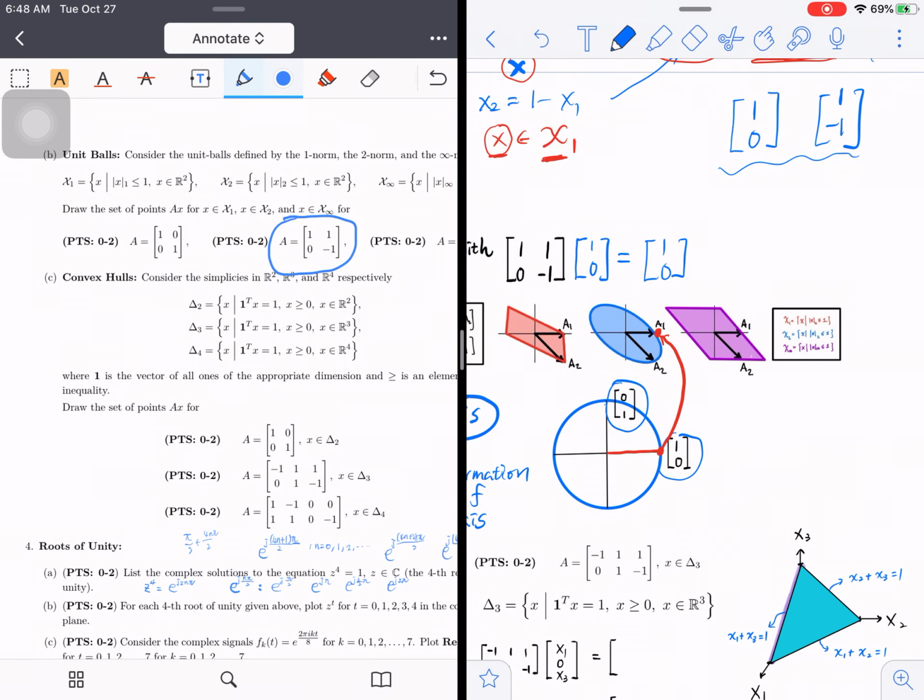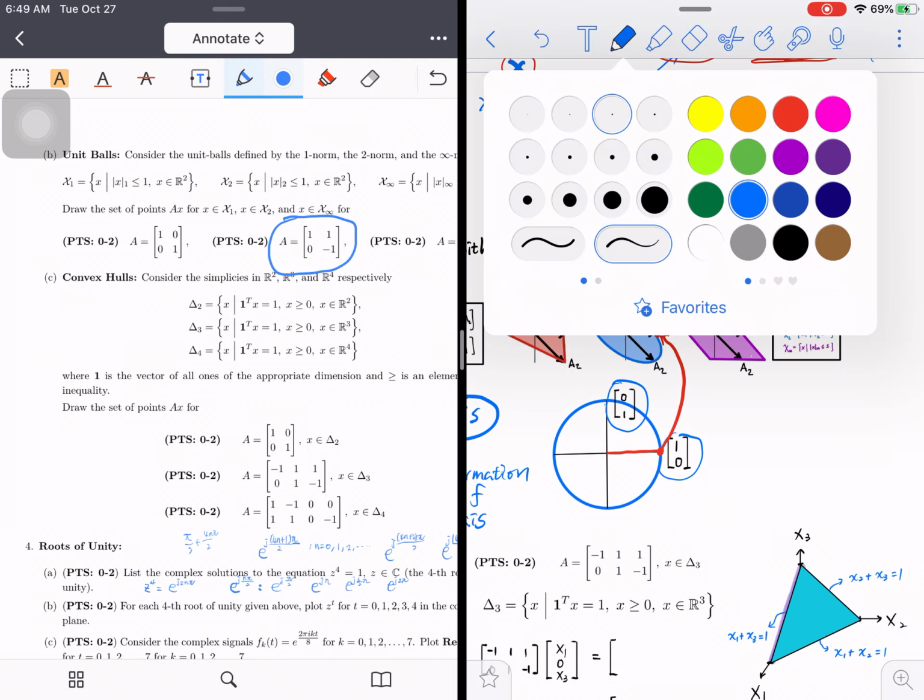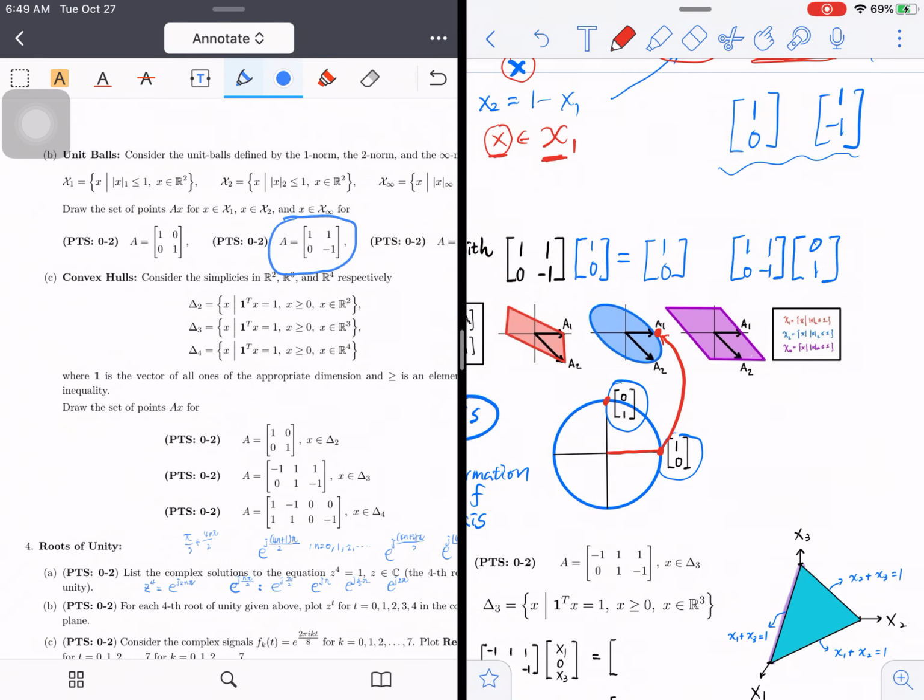However, if I multiply this A, which is [1, 1; 0, -1], by (0, 1), what is (0, 1)? (0, 1) is the point here.